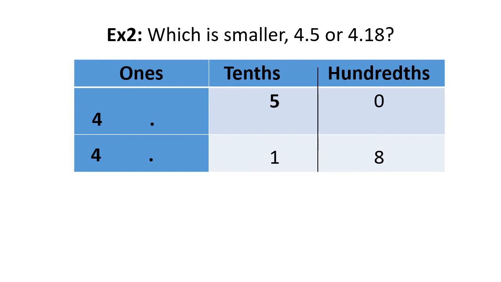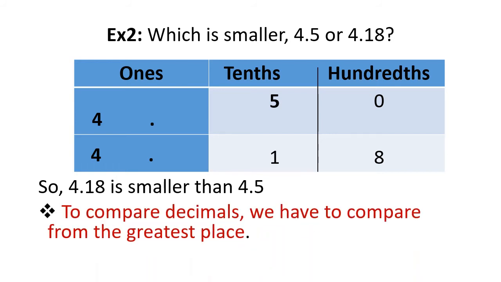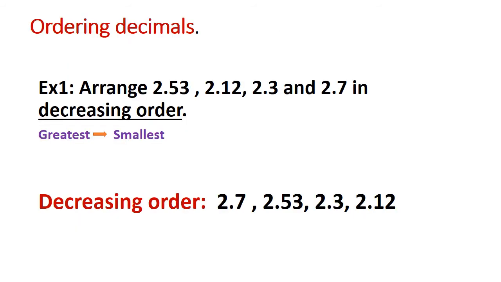Between 5 and 1, which is smaller? Of course, number 1 is smaller. So we don't need to look at the hundredths place. We can say that 4.18 is smaller than 4.5. So to compare decimals, we have to compare from the greatest place. Always remember.